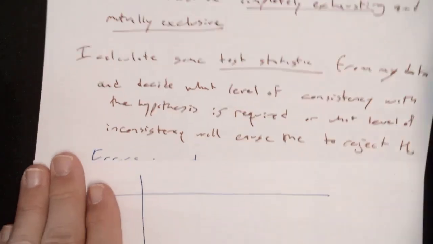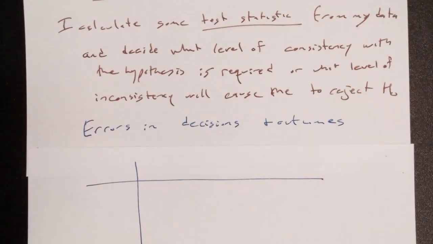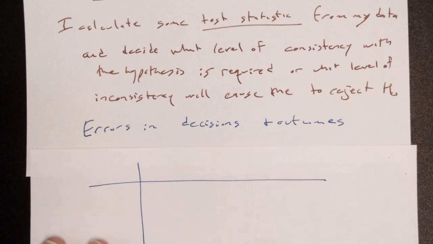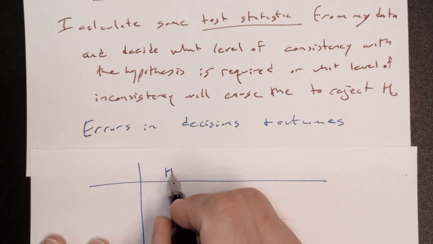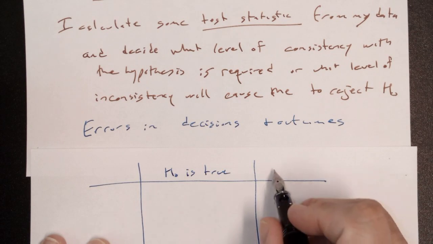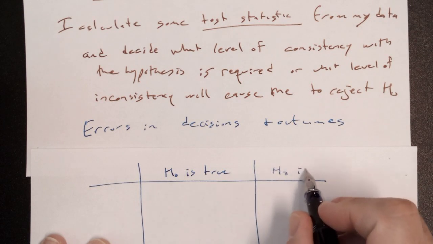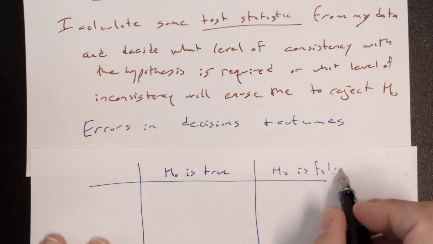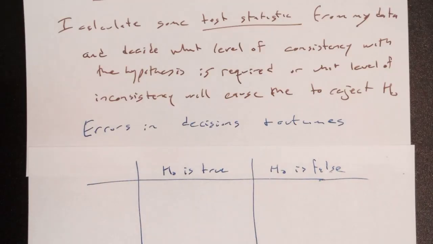Either my null hypothesis is true or it's not. So those are the two possibilities. Problem is, I don't know which is true until I do a bunch of investigating, right?